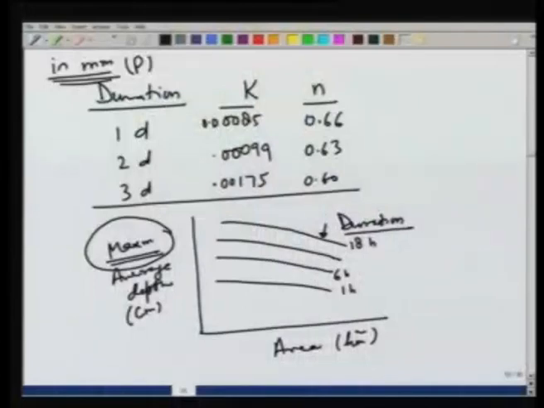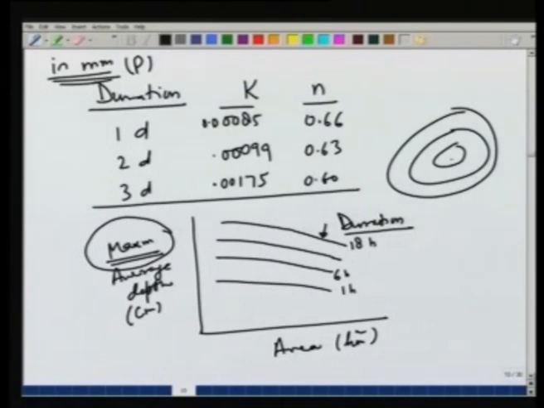So, as we said that near the storm center the intensity will be very large, and as we move away the intensity becomes smaller. So, as the area increases we can see that with increase in duration the average depth will increase, but with increase in area the average depth will decrease, because the intensity of the storm is decreasing as we increase the area.